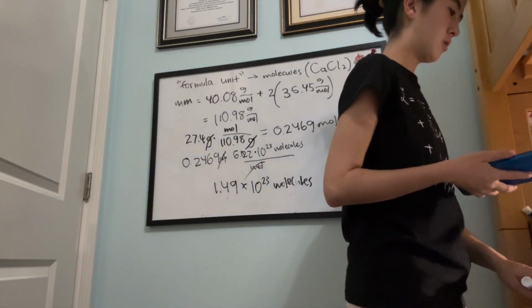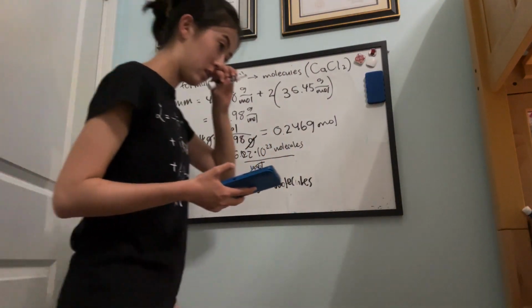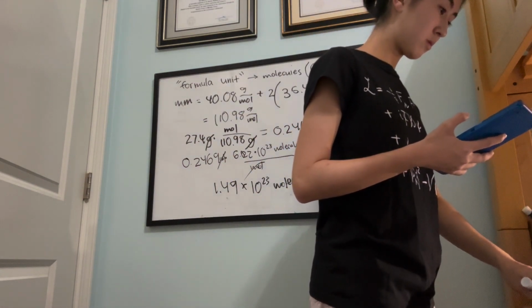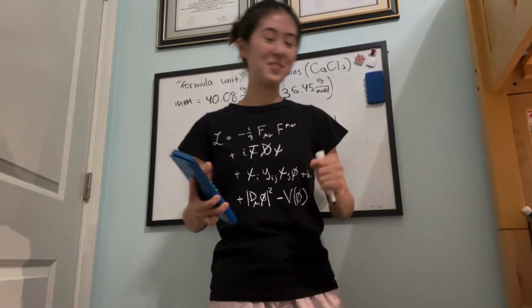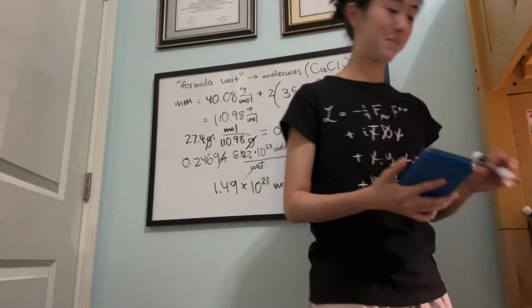So 1.49 times 10 to the 23rd. Did we do everything right? Hopefully. Yes! We got one! Yay! One more to go.